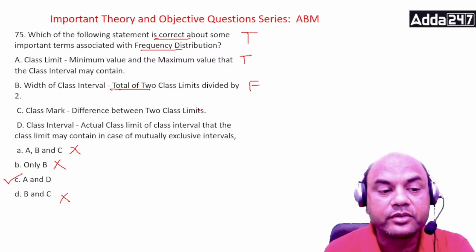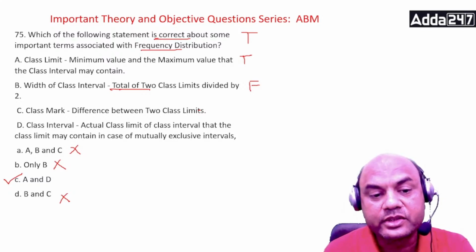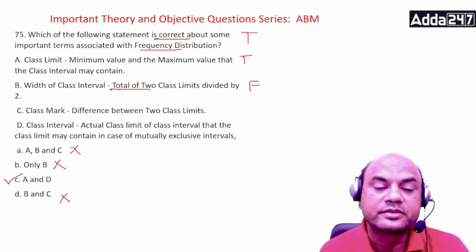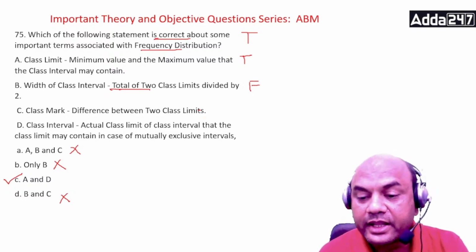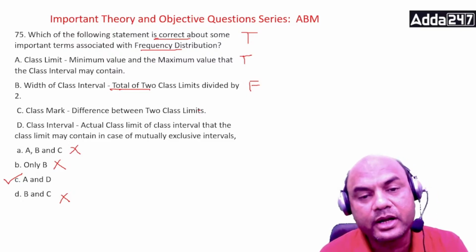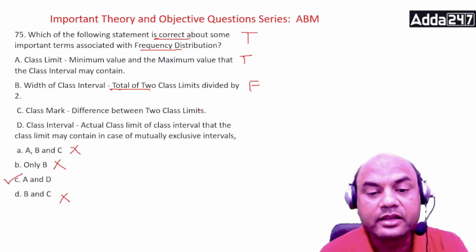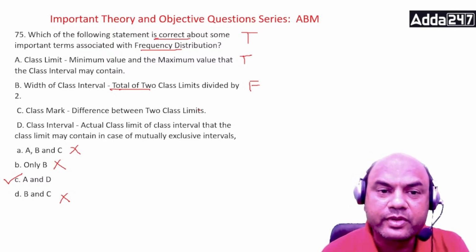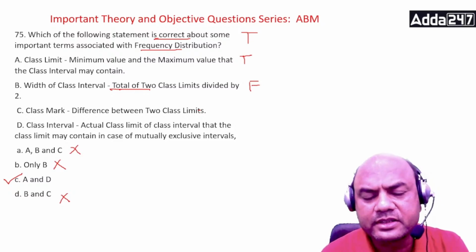What is D now? Class interval: actual class limit of the class interval that the class limit may contain in case of mutually exclusive intervals. So D is true. The difference between the upper and the lower class limit gives the class interval. That's the basic logic.